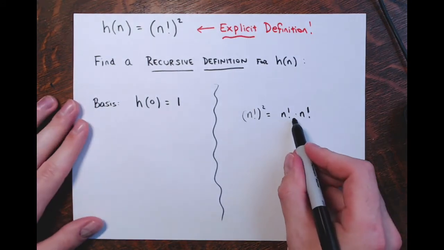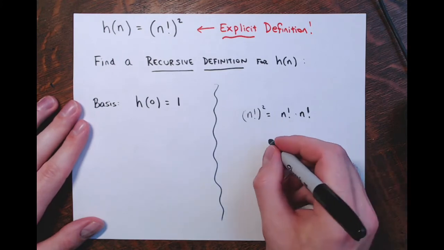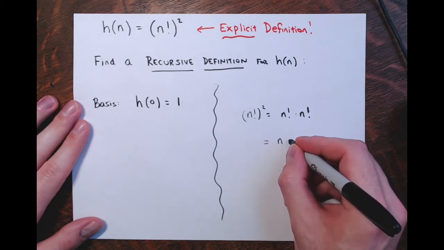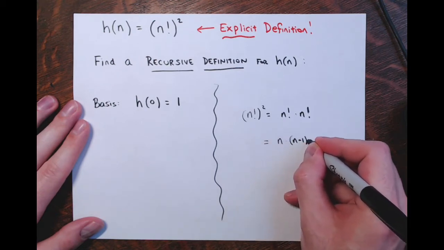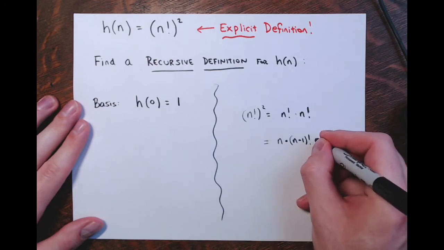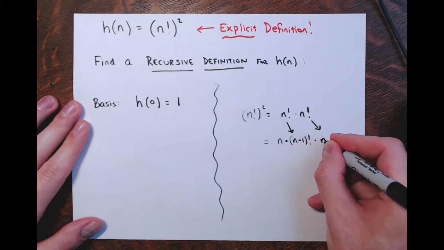Well, we've already seen recursive definitions earlier in this section for n factorial, right? N factorial you could think of as n times n minus 1 factorial, and I've got 2 of these. That's the first n factorial, and then the second n factorial I could define the same way.